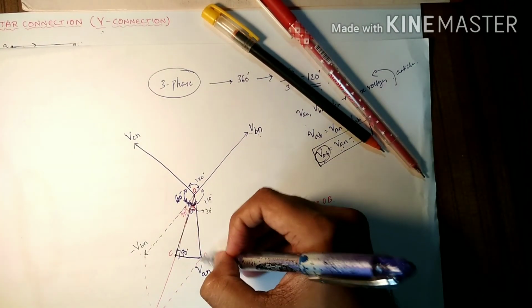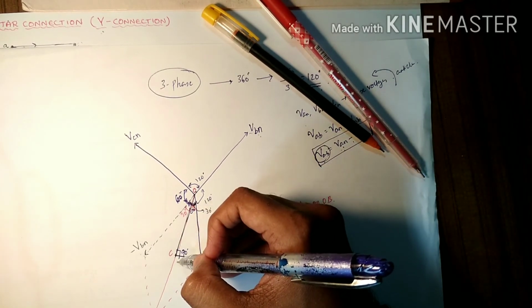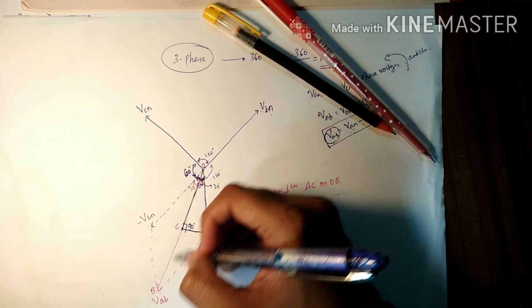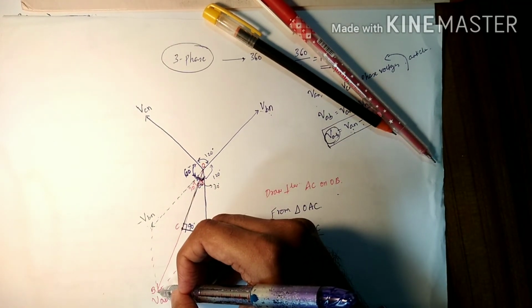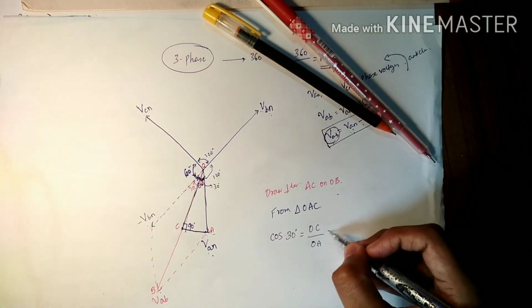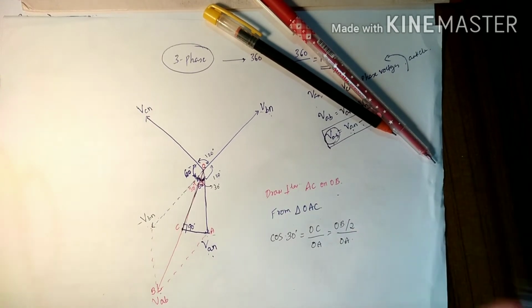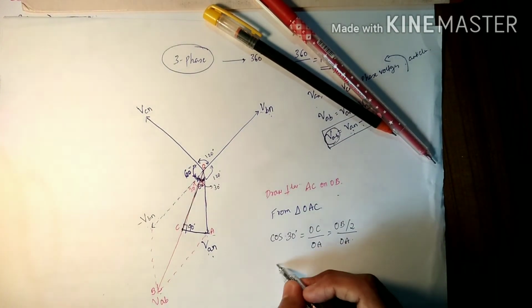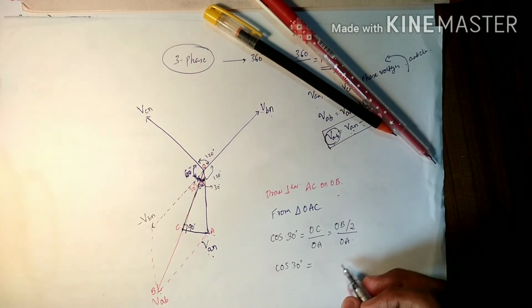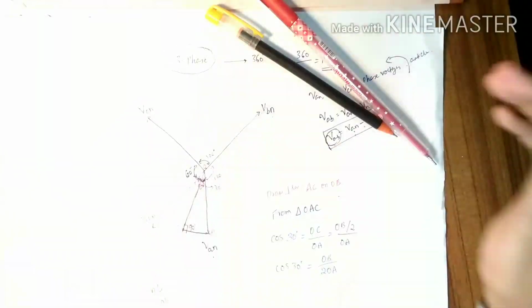OC by OA. But what did I tell you earlier? OC is nothing but half of OB, right? So OC is half of OB. Therefore cos 30 degrees is equal to OB by 2 OA.